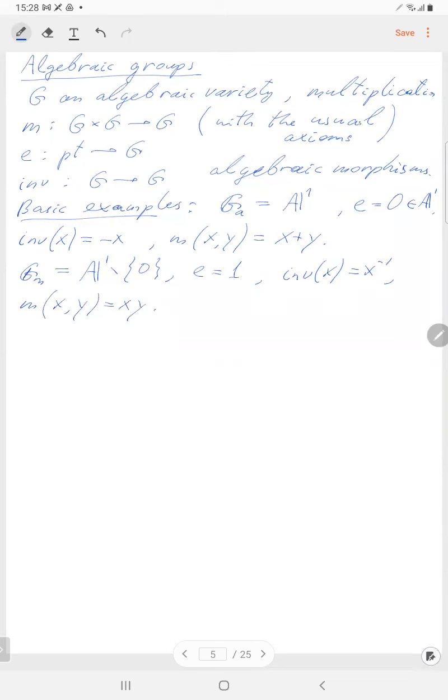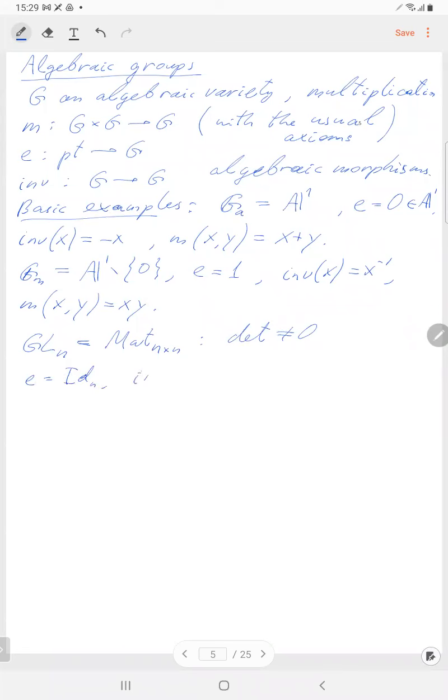And the higher dimensional analog of this multiplicative group, there are maybe two analogs. You can take some power of this group, and this would be a torus, or else you can take GLn. So this is the set of matrices, an open subset of n by n matrices, such that the determinant is not 0. And again, the neutral element is just the identity matrix.